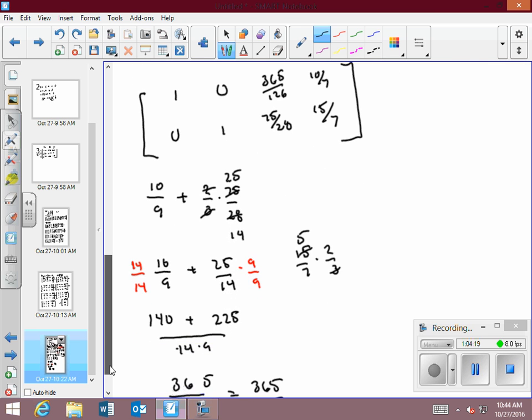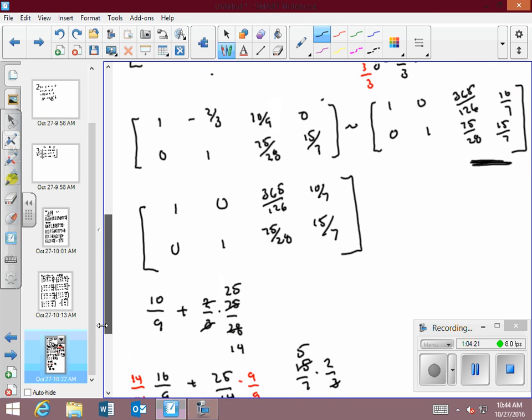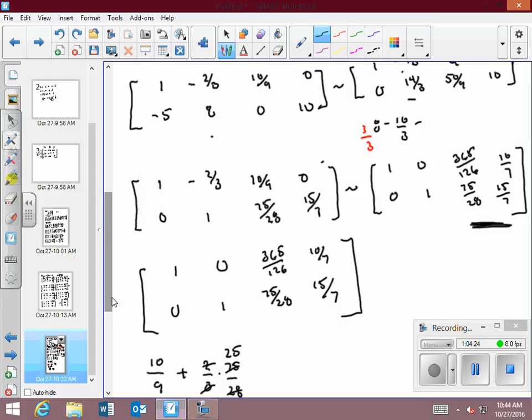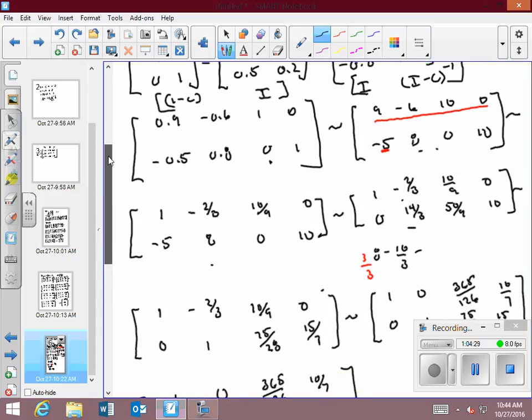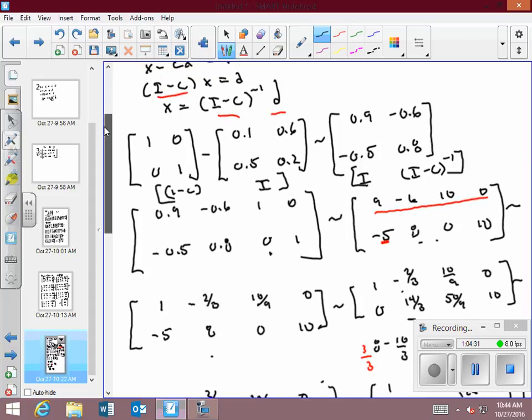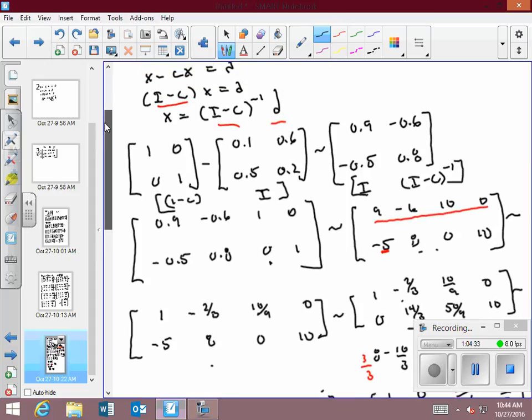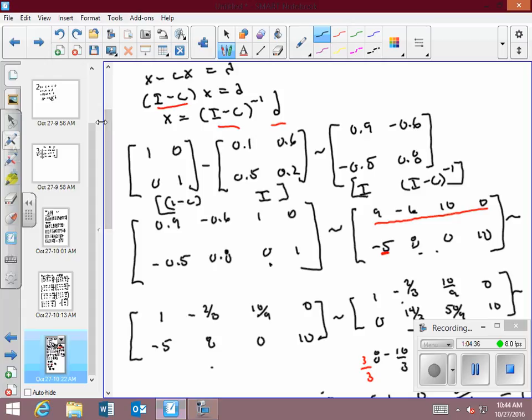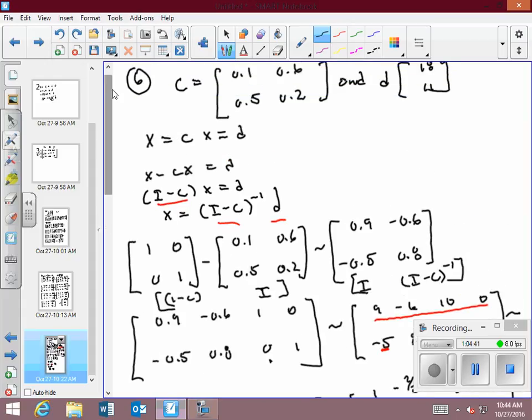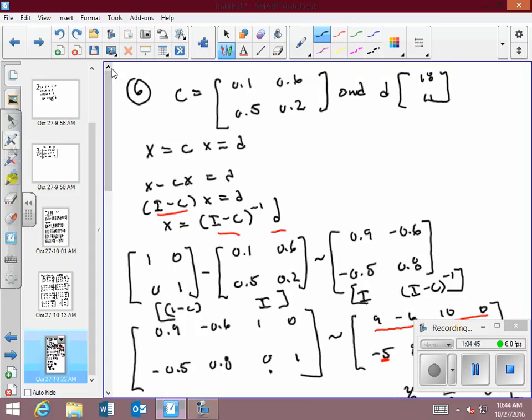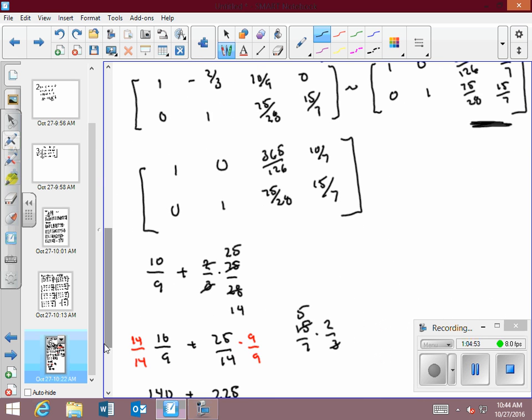So that's the inverse of C, right? That's just the inverse of C. Then we got to go. Oh yeah, it's the inverse of I minus C inverse.